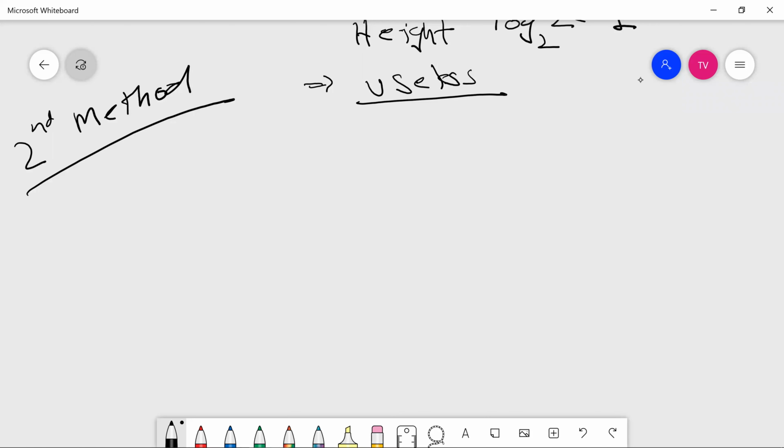So now in the second method, we'll be using the concept of connectivity and convexity. First we are going to make a claim, and then later on we are going to prove it.